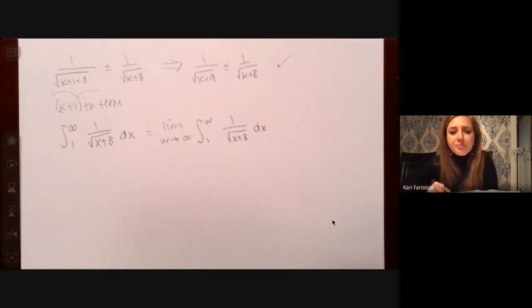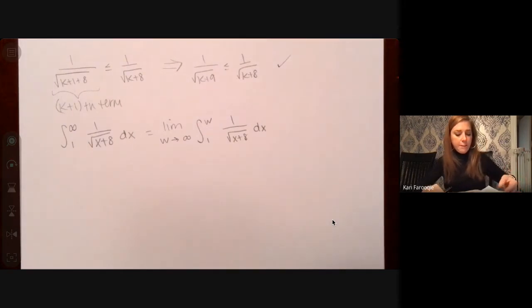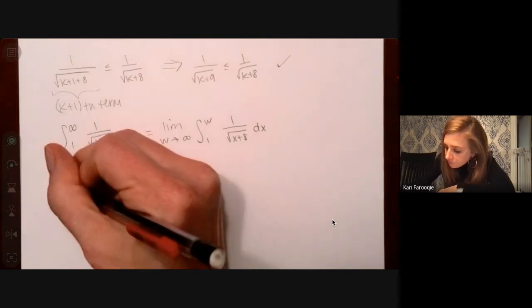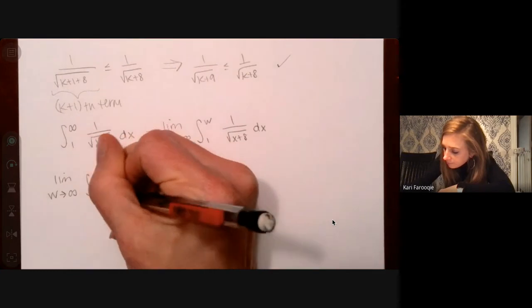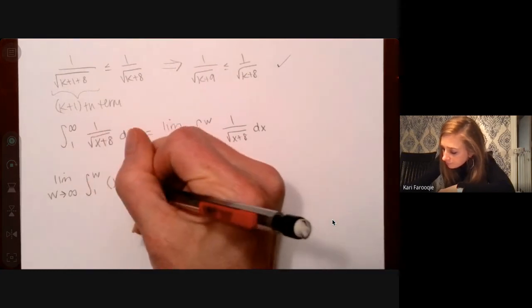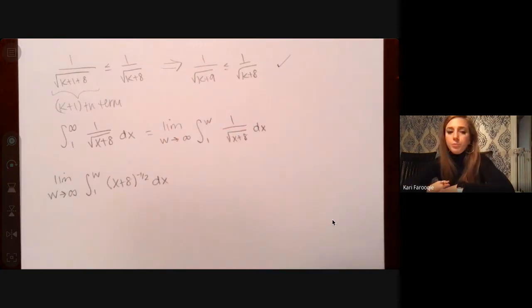All right. And then we're going to integrate. If you would like, you can write this as x plus 8 quantity to the negative 1/2 power. And then we'll do a u substitution.